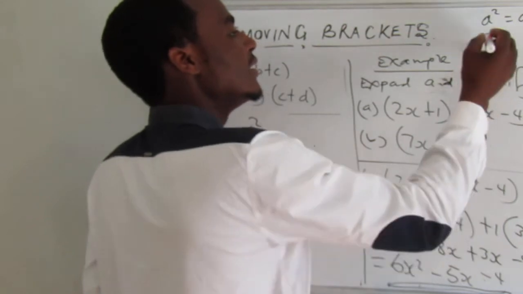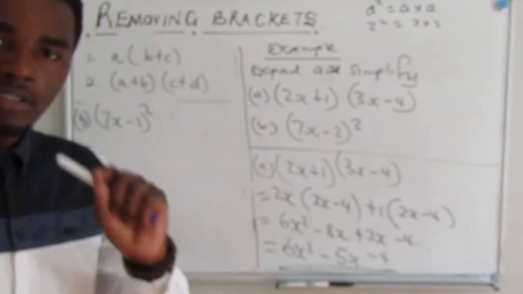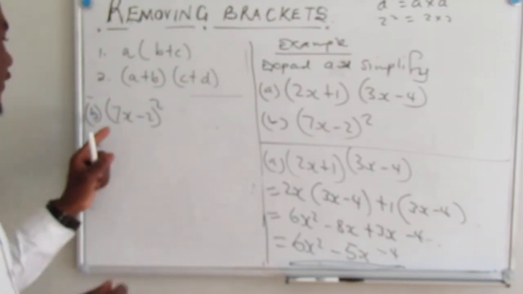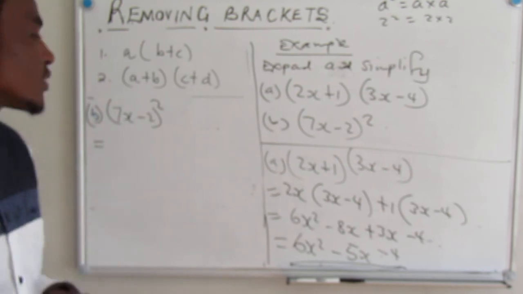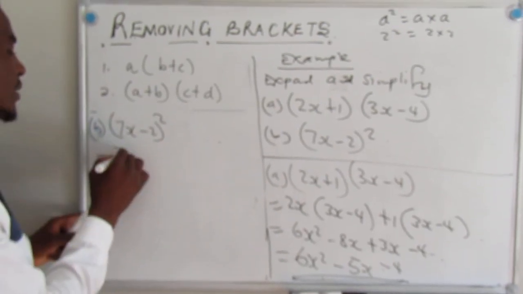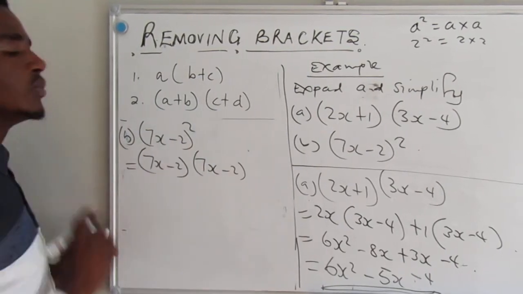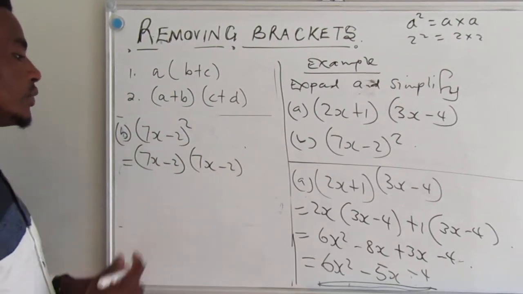If I say 2 squared, this is the same as 2 times 2. If I say student squared, this is the same as student times student, right? So even if I say (7x minus 2) squared, this is the same as (7x minus 2) times (7x minus 2). Right, so how do we expand this?